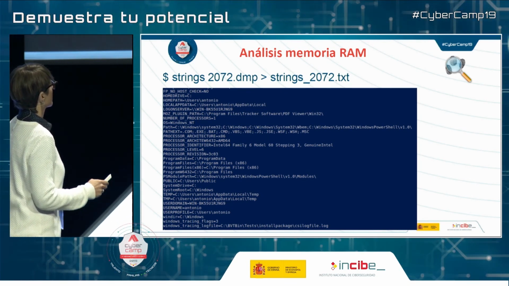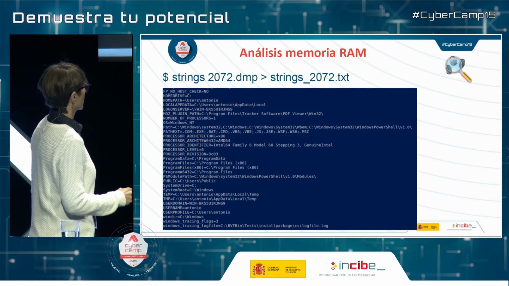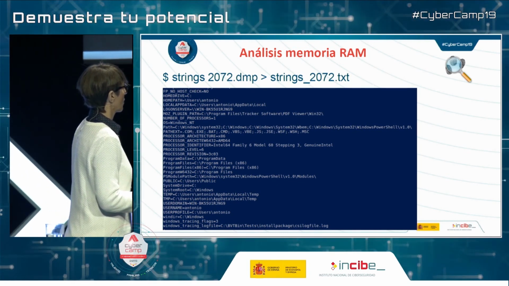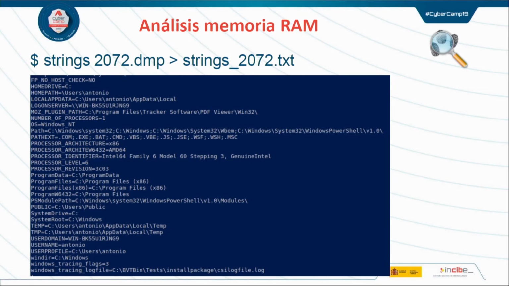Here we can see there's a PowerShell that is interesting, and then we've got a root down here. We've got AppData, Local, Temp. We could also look in the disk on the drive to see if there are any more malicious files. In this case, we have those two interesting pieces of information that could be useful to our investigation.